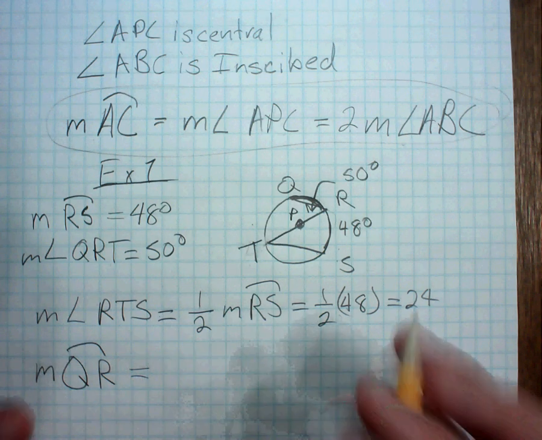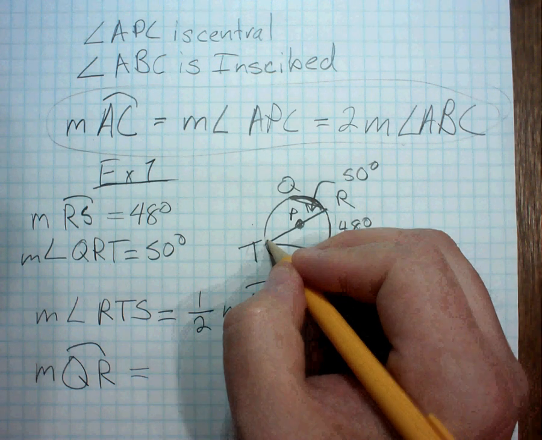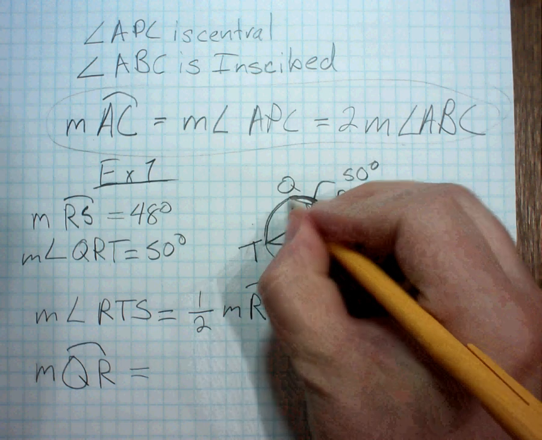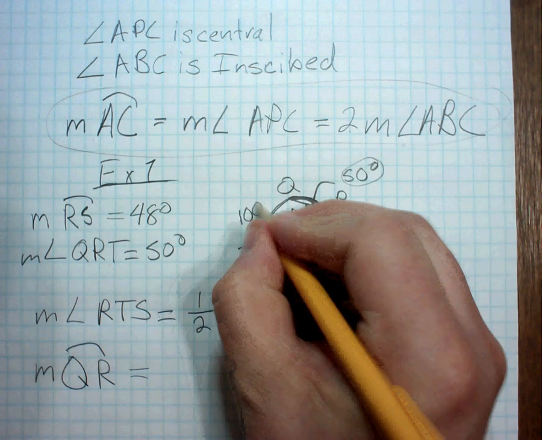Anyways, we can figure it out. What I know is that from here to here is double this value, so I'm just going to label that as 100.